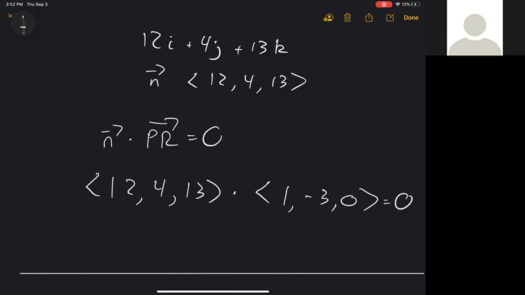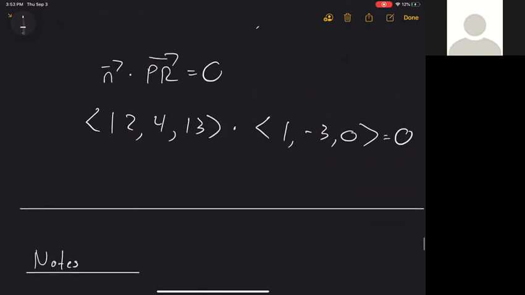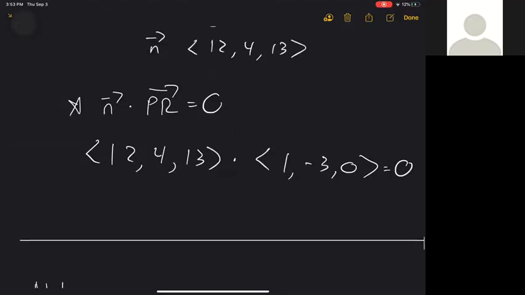And where's our x, y's, and z's? Okay, so this vector equation will be fine. Remember, this vector here is not quite right.